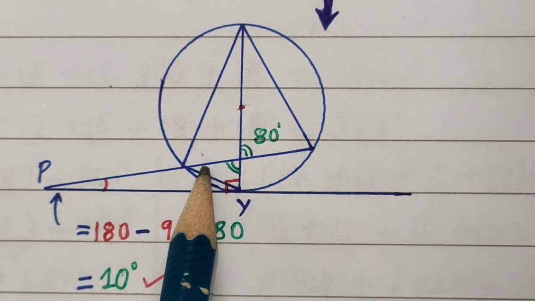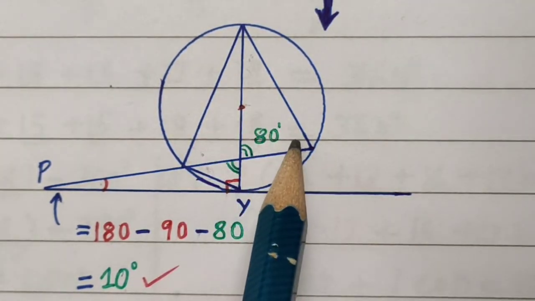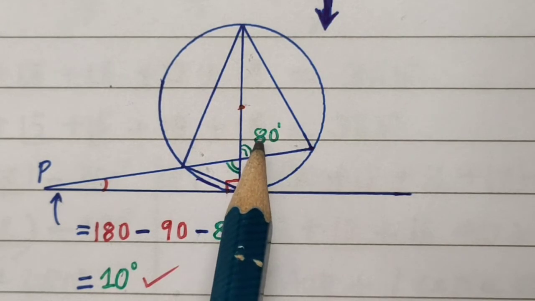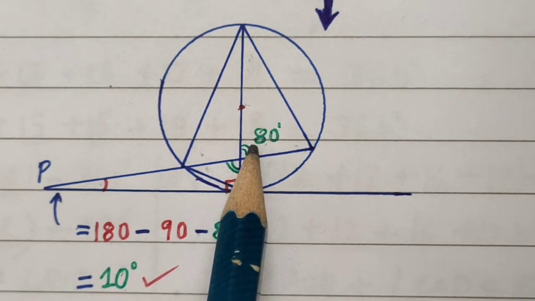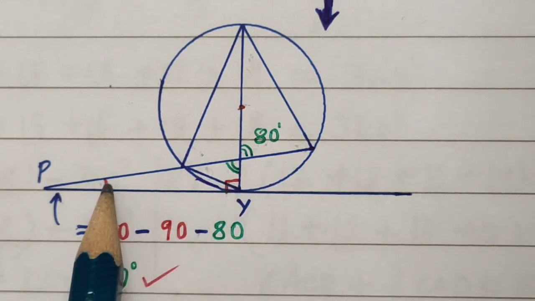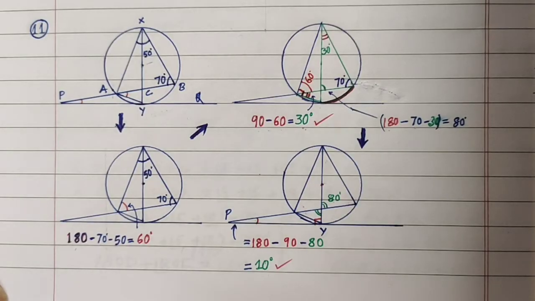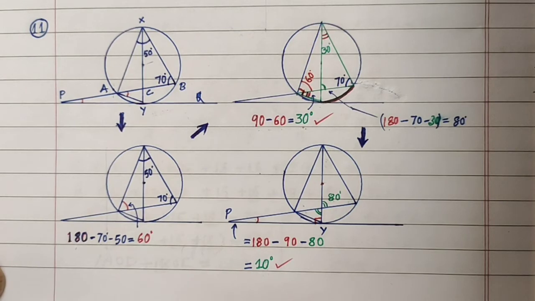This was 30, therefore these two are equal, this has become 30. This was 30 and this was 70, then we could easily find out this is 80 degrees. Vertically opposite angles are equal, this is 80, this is 90, then we can easily find out 180 minus 90 minus 80 will give 10 degrees. These problems are very interesting. Go slowly, understand yourself, and it will become very easy for you.